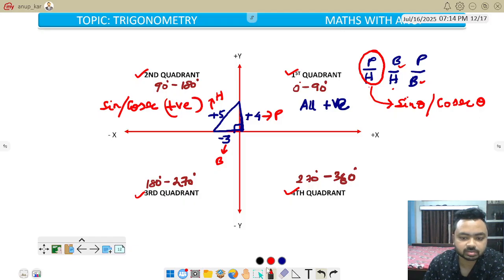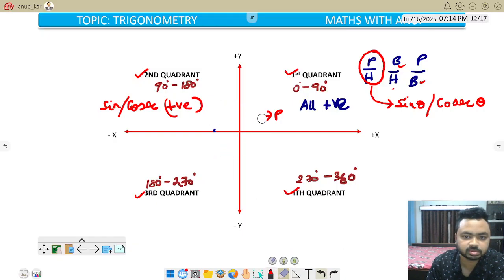Similarly, let's understand the third quadrant. I am erasing this one. I hope it is clear. Let's better understand the third quadrant. Here I am joining this part, this part, this part. This is the right angle triangle.